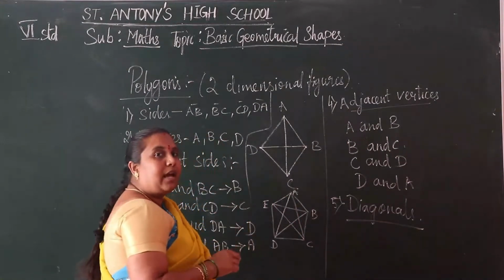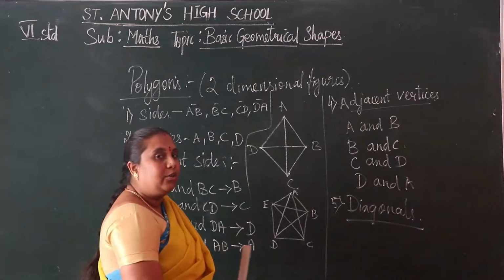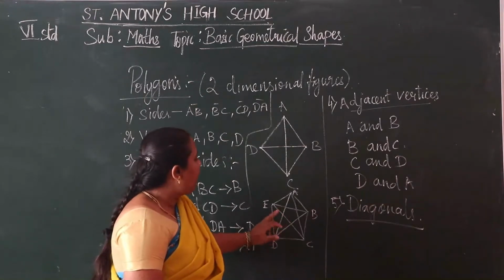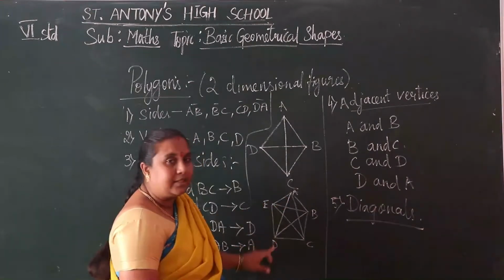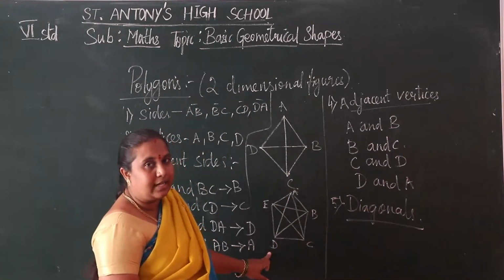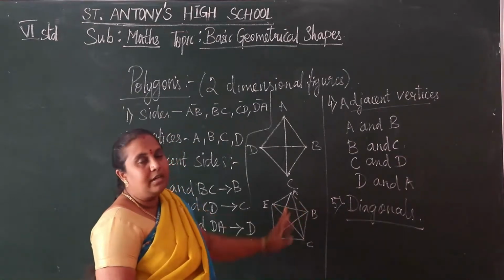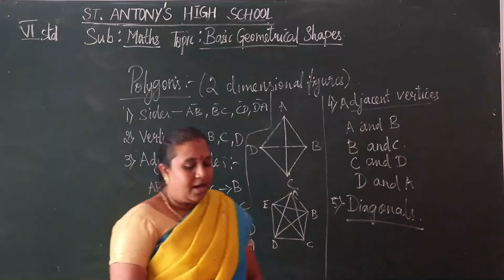Do you know how to draw diagonals now, children? So what are diagonals? Between the opposite vertices we can draw a line segment. We can join the opposite vertices, we have diagonals. Okay, children, understood?